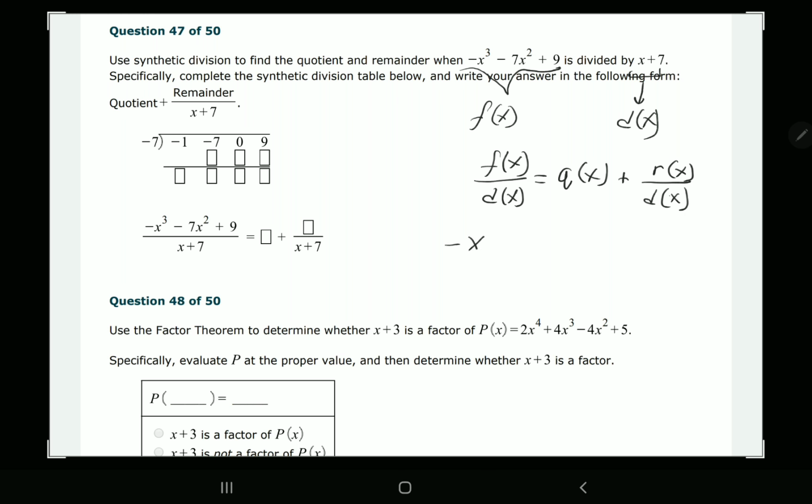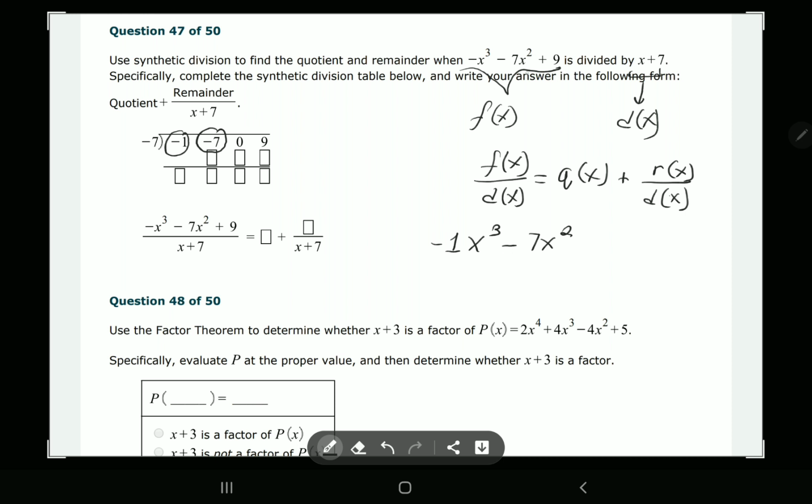We have negative x to the third. That's going to be negative 1x to the third. That's why the negative 1 is right here. The next term is negative 7x squared. That's why the negative 7 is in the long division symbol next.